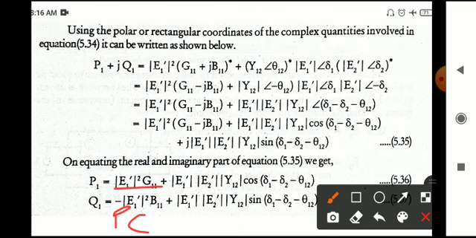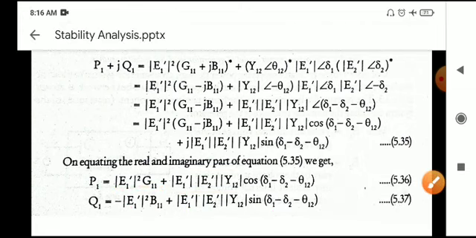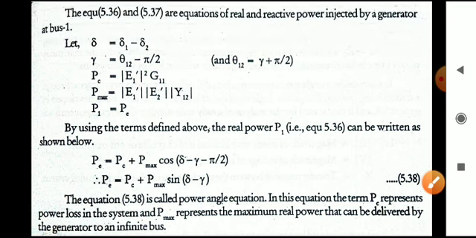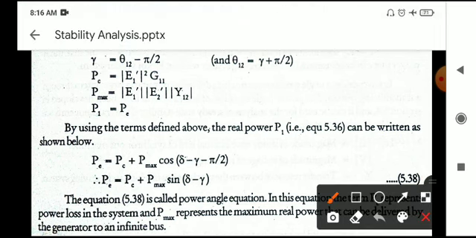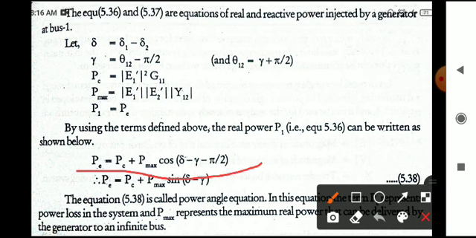For mod E1 dash into E2 dash into Y12, we have P max, and cos of delta 1 minus delta 2 minus theta 12. Delta 1 minus delta 2 can be written as delta, and theta 12 can be written as gamma plus pi by 2. So we have the equation Pe equals Pc plus P max cos of delta minus gamma minus pi by 2.